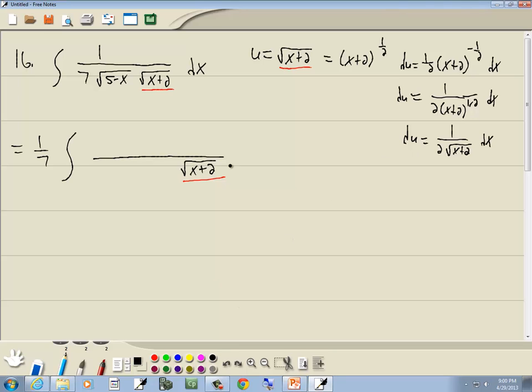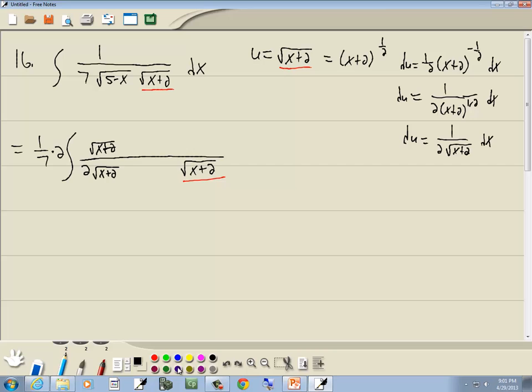We need a 2 downstairs. Well, that's easy. I'll put a 2 down there. And we offset it. 2 down denominator means like 1/2, so we put a 2 out in front. So that's taken care of. We also need a square root of x plus 2 down there. Well, that's easy. I'll put 1 down there. But remember, if you put x of any form down here, you have to put the same thing up on top.